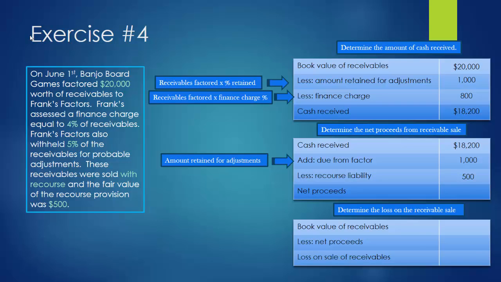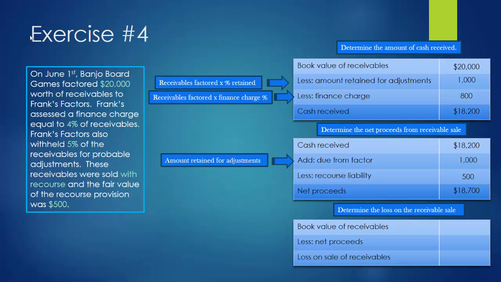Which means right now they're holding on to $500 extra. Their amount retained for adjustments is $1,000, but we think the recourse provision is only $500. So if we add that $500 difference to the $18,200 in cash that we're getting now, in total, the sale of receivables is going to lead to us seeing $18,700 in cash.